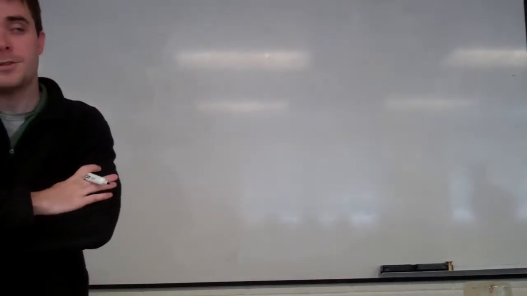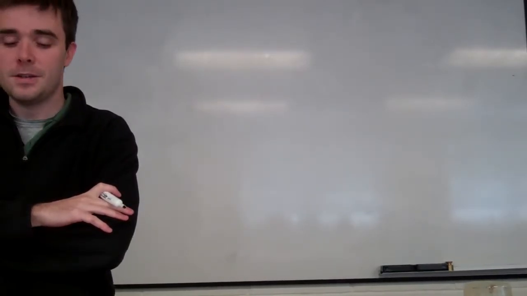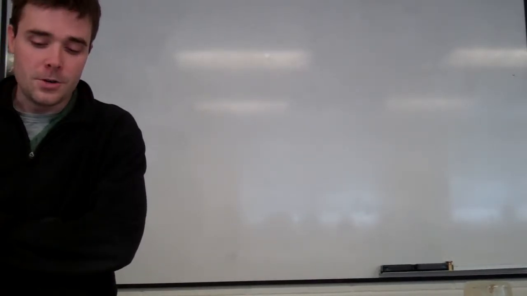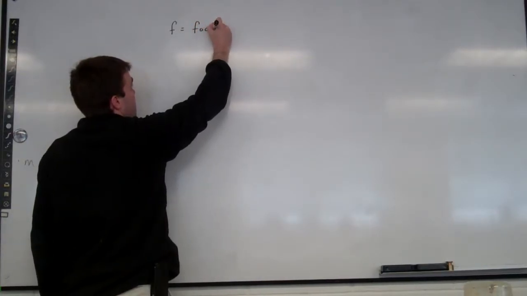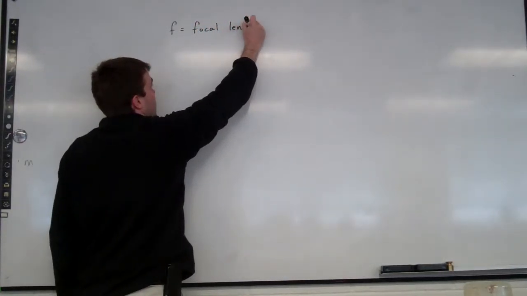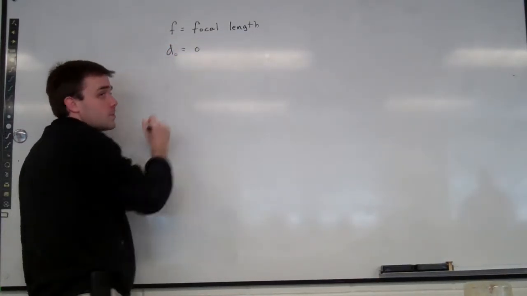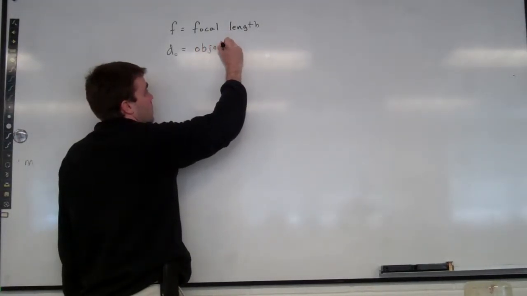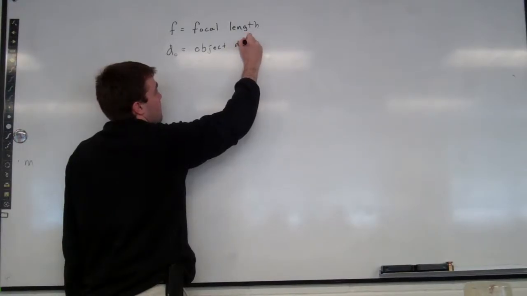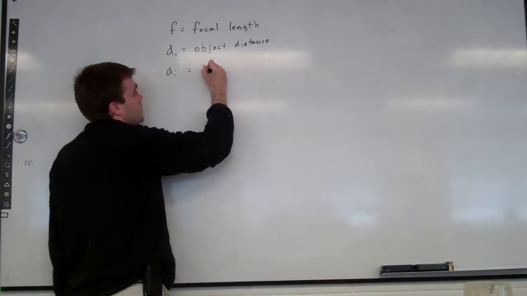Okay, so these are equations for finding where images form and what the magnification is in mirrors. So you see the equations there. Right now, what the variables mean: f is the focal length. The o is the object distance, so that's the actual real thing that's being reflected. The i is the image distance.